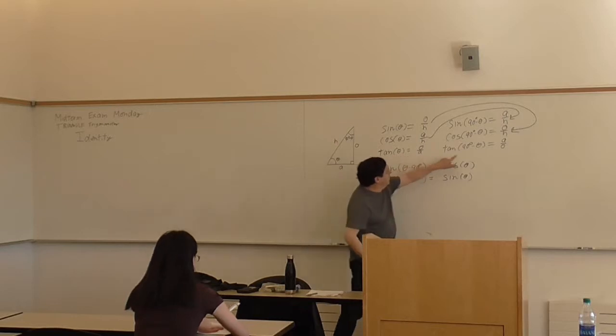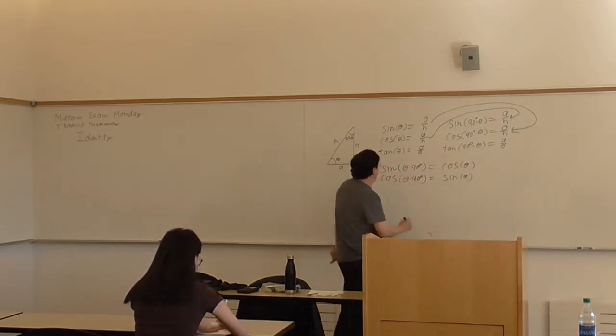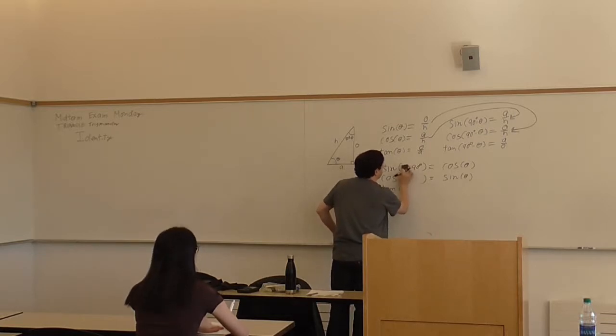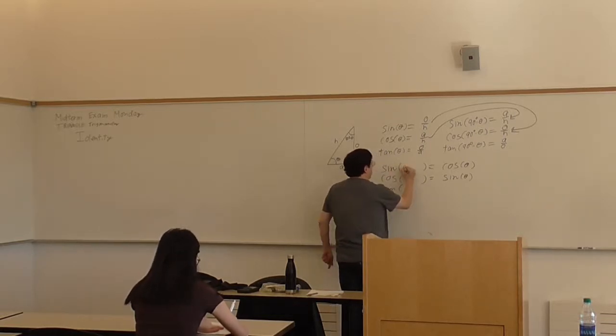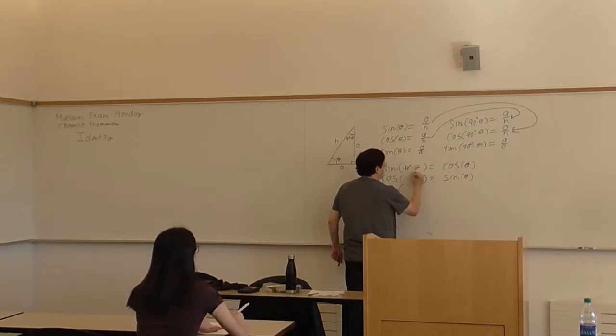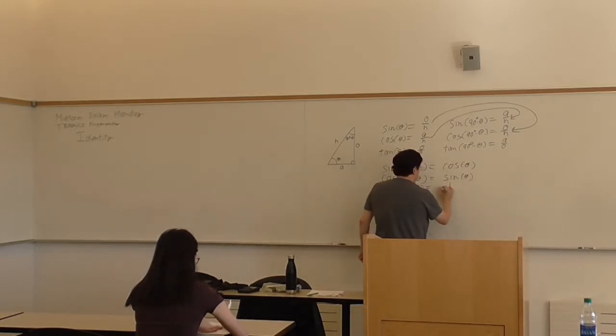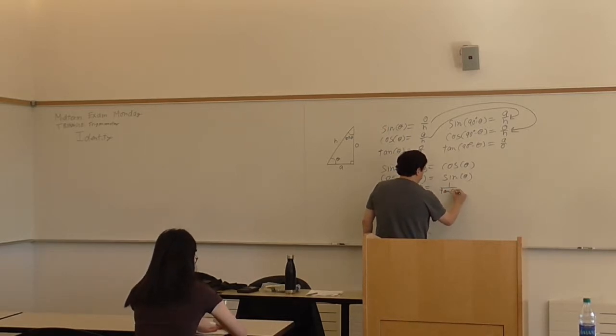And if you look here, you can see that tangent of, I wrote this wrong both times, didn't I? 90 minus theta. Tangent of 90 degrees minus theta is 1 over the tangent of theta.